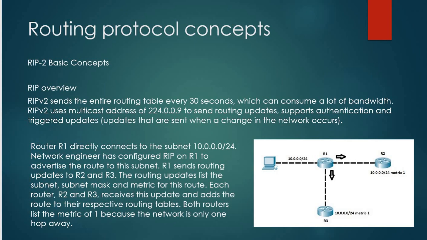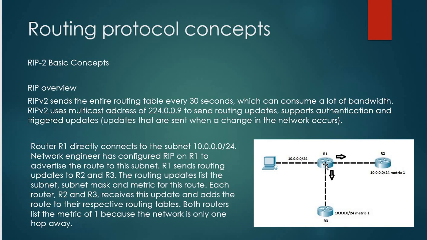Router 1, R1, is directly connected to a subnetwork. The network engineer has configured RIP on the router to advertise this subnet.